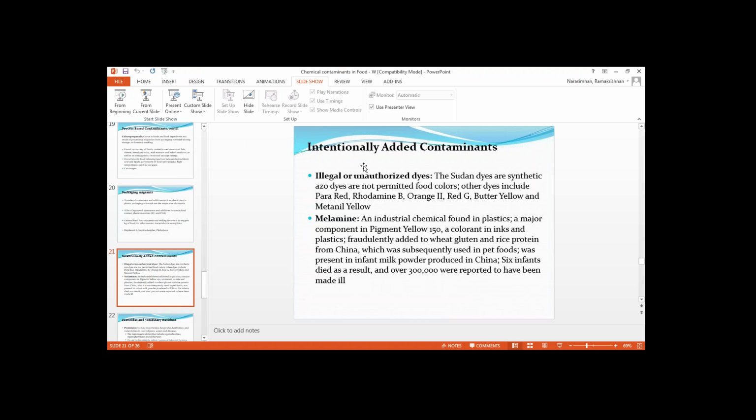It has no nutritional value, but it has high nitrogen content, and that's why it was added intentionally to get a higher apparent protein level. The protein level is linked to the sale price of milk, so people added melamine to get a higher price for the milk they were selling.